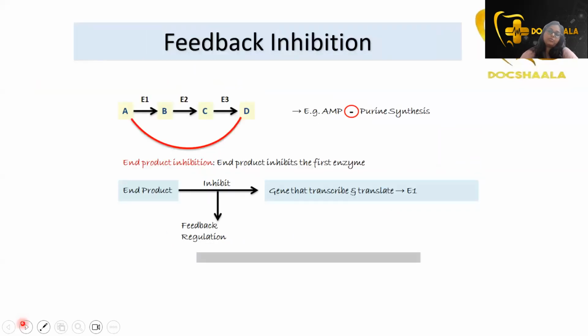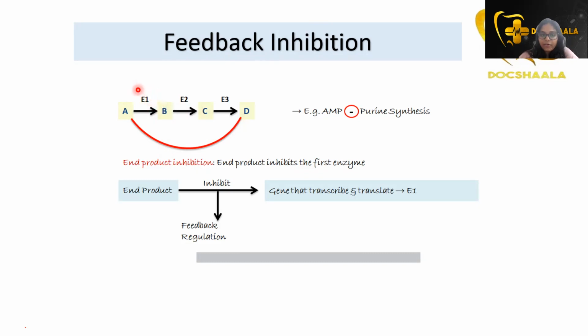Then we have another type, which is feedback inhibition. Here we have A, B, C, D, which are all our substrates.